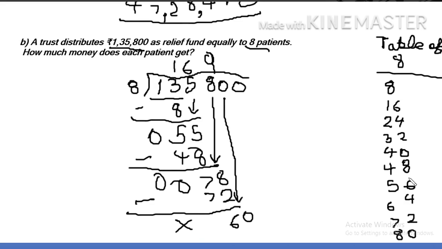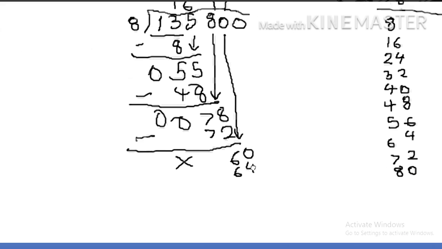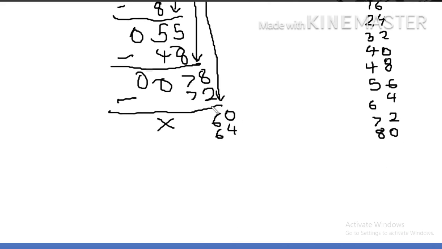It will come 7 times. 7 times 64. So let's borrow. This will be 10, this will be 6 and 0.